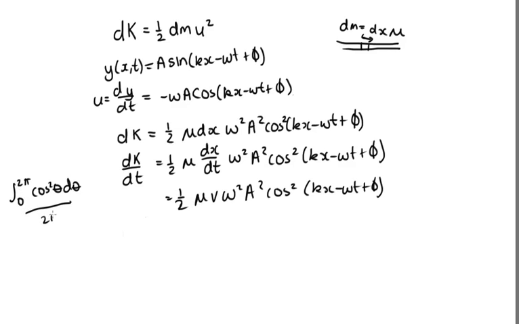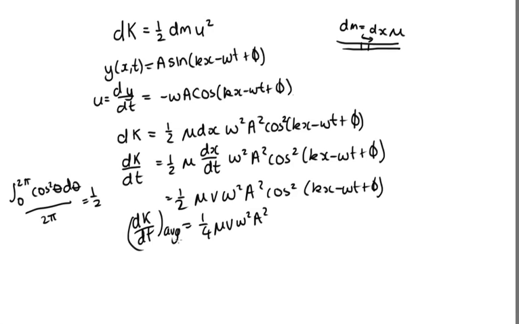And when we integrate this, the integral is π, so this is actually equal to a half. So that's one way to show that the average value of cos squared is a half. So we have that the average of dK/dt is equal to a half times a half, so that's a quarter μ v ω² A².